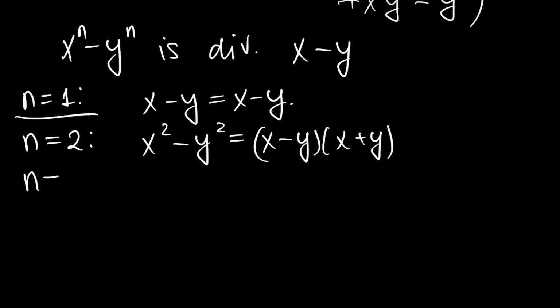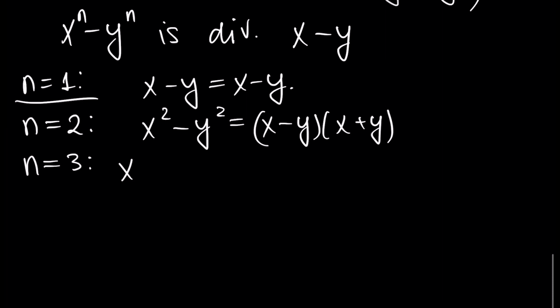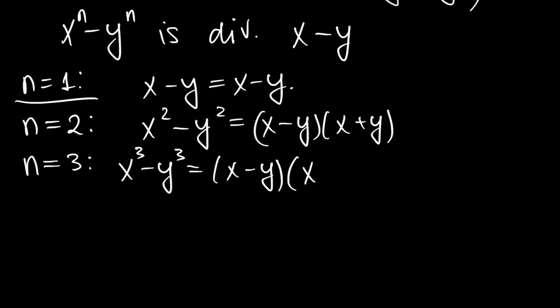Next, n is equal to 3. So we have x to the power 3 minus y to the power 3 is equal to x minus y times a polynomial of power 2: x squared, x y, and y squared.